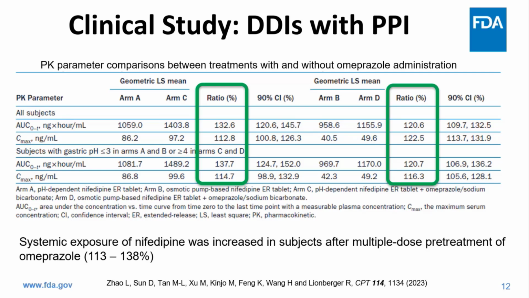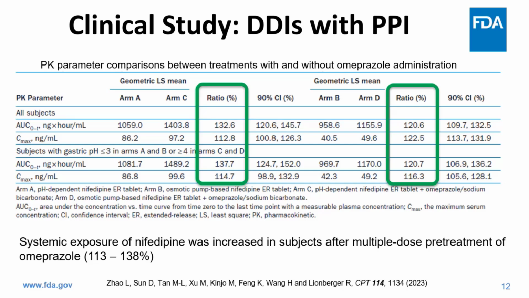As you may see, omeprazole pretreatment increased the geometric mean ratio of AUC and Cmax to about 133% and 113% respectively for nifedipine ER formulations with pH-dependent release, while for those with pH-independent release tablets, the AUC and the Cmax ratios were 121% and around 123% respectively.